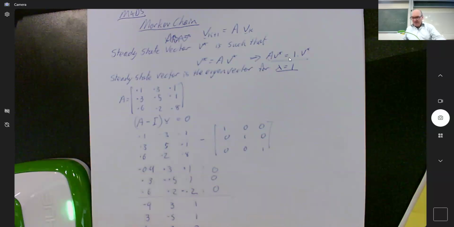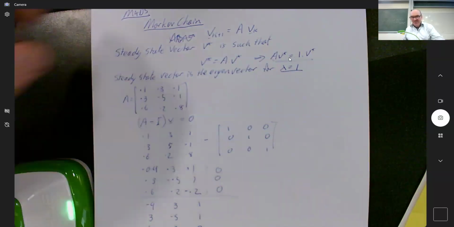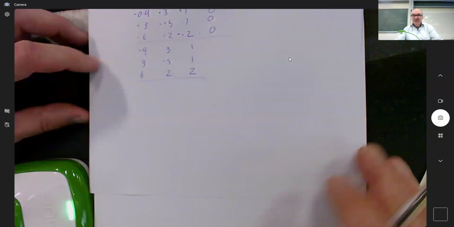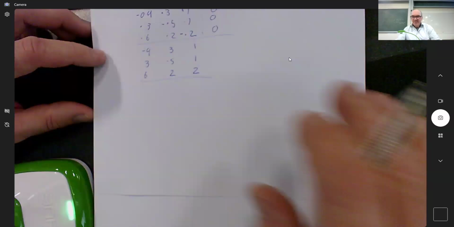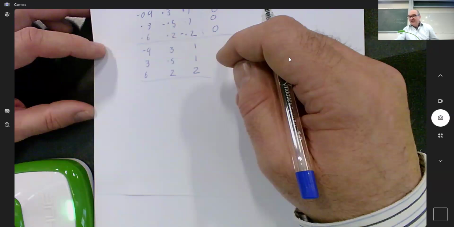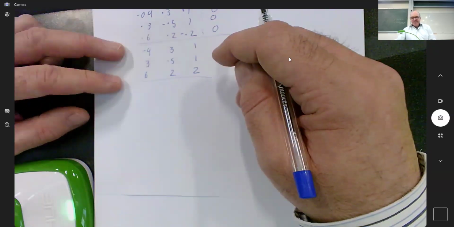One of the other things you'll find, your lecturer has inevitably done this, is that he's done this sort of working and he just hasn't filled in the zeros at the end, because they're going to stay zeros as I do row operations.